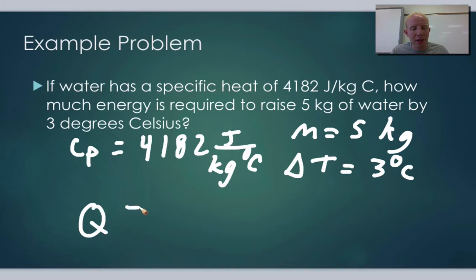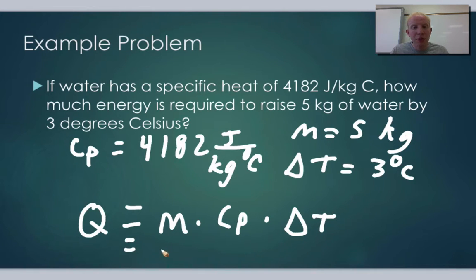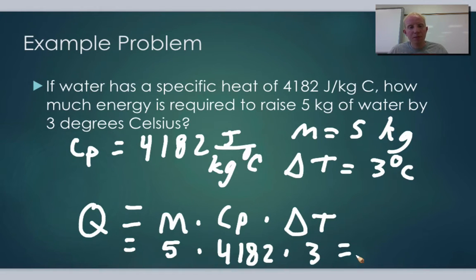So we're trying to find the heat energy, which we call big Q. That's going to be the mass times the specific heat constant times the change in temperature. So this turns out to be really easy because we just times them all across. So we get 5 kilograms times the specific heat constant, which is 4,182, times 3. Pull out our calculator.